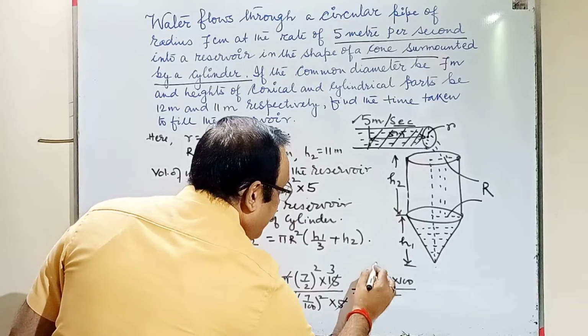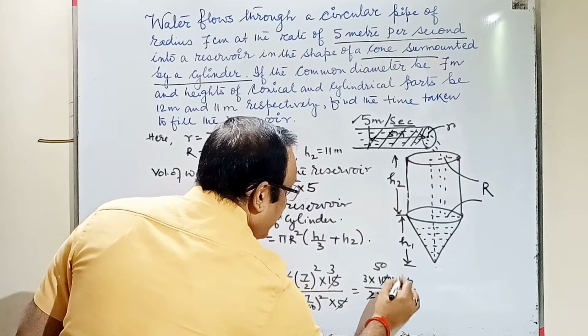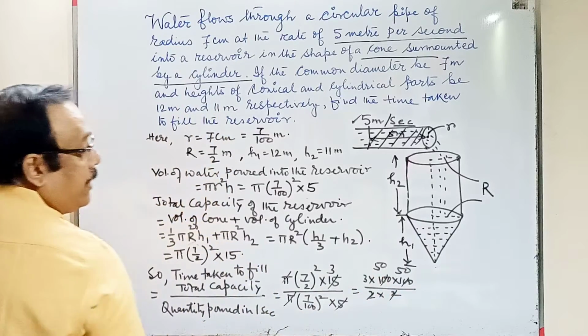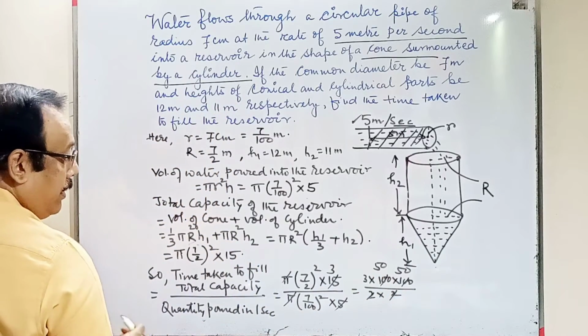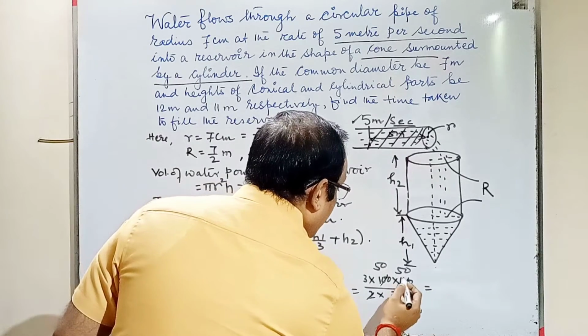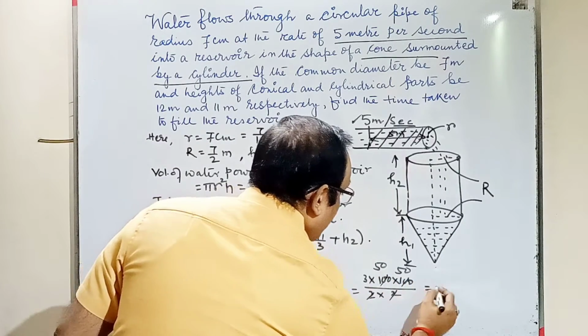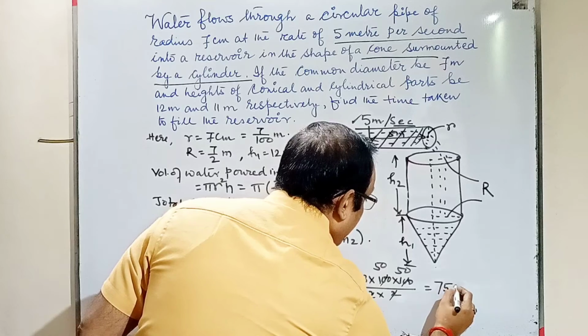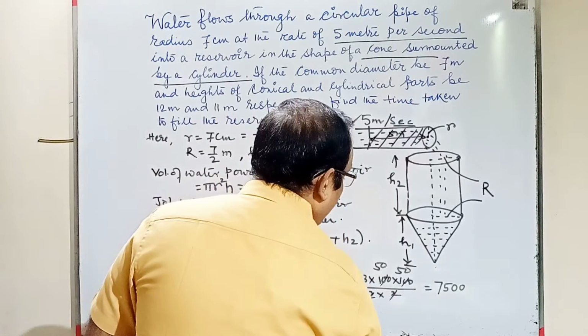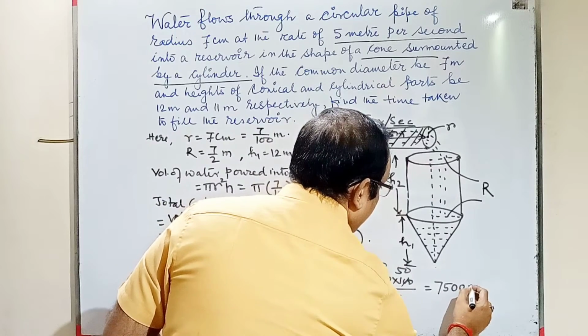So this 2 will give me 50, this 2 will give me 50. So 50 into 50 is 2500, and 2500 into 3 is 7500 seconds.